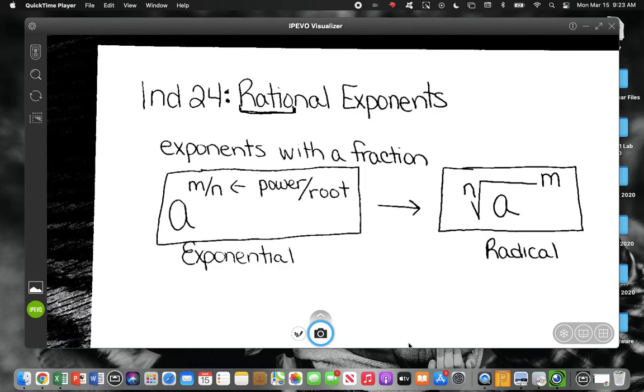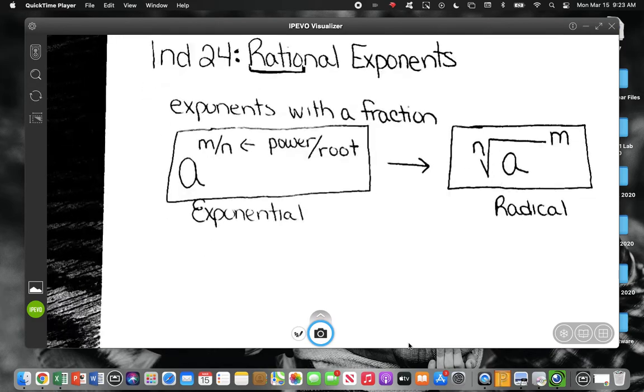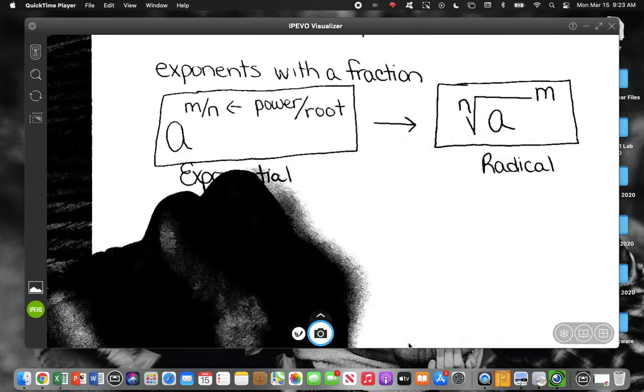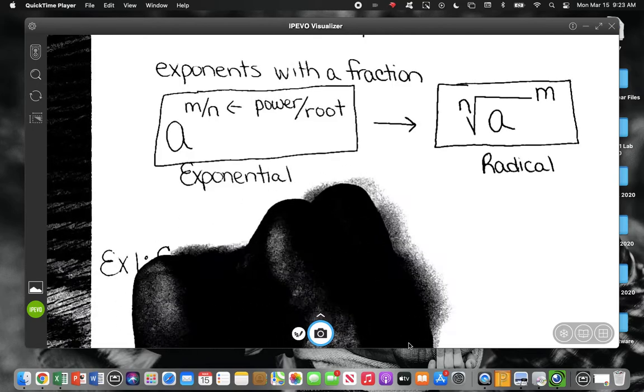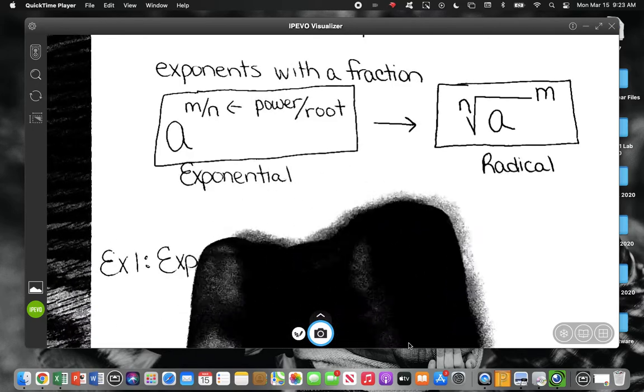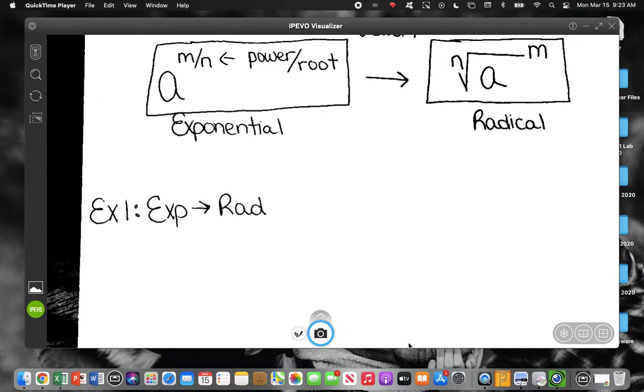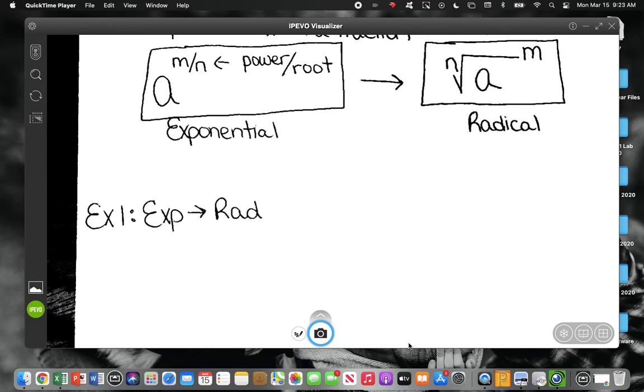So we are going to at first learn how to go from one form to the other. So I'm going to give you guys examples first. So example 1, we're going to go from exponential form to radical form. Exponential form to radical form.